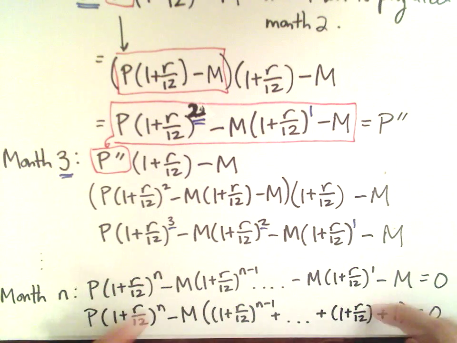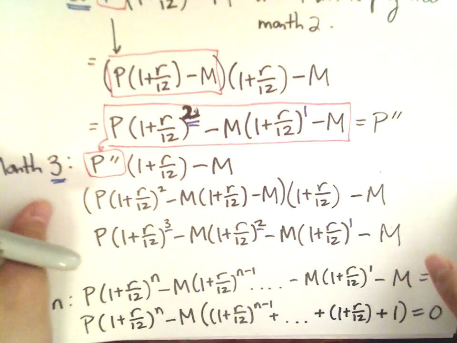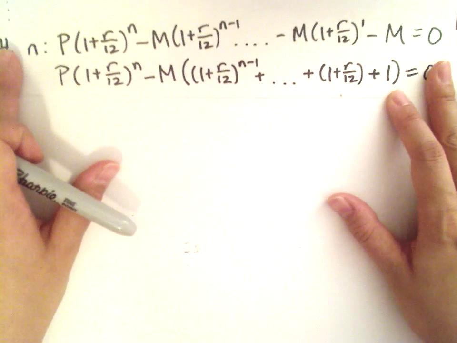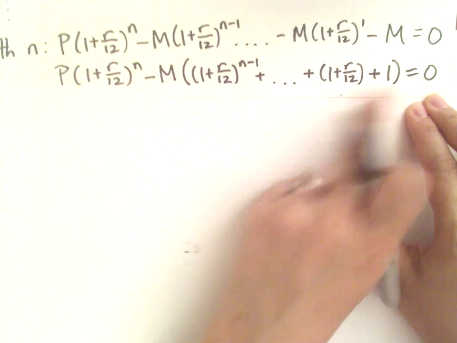Okay, so that looks a little bit better. And what's nice about factoring out that m is that now maybe we can isolate it and solve for it. And that's what we're going to do next. Okay, so there's that formula. We want to set it equal to 0.